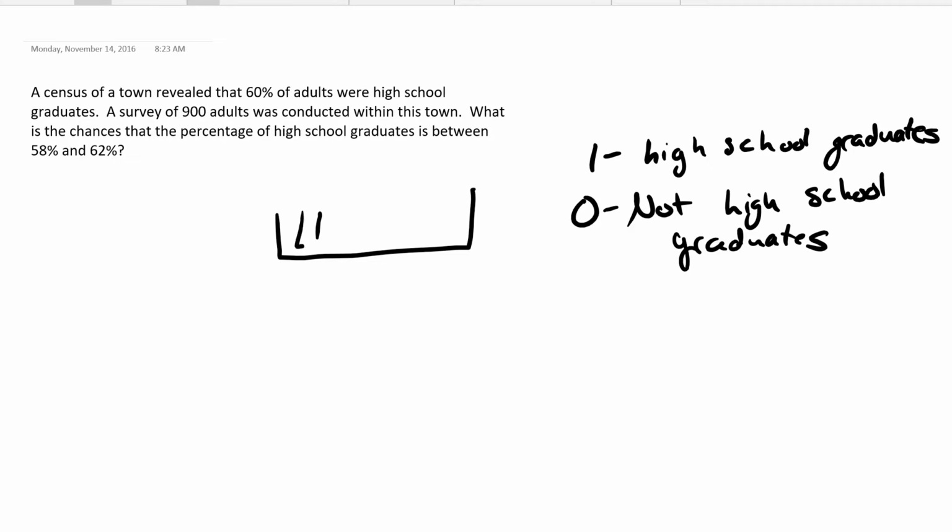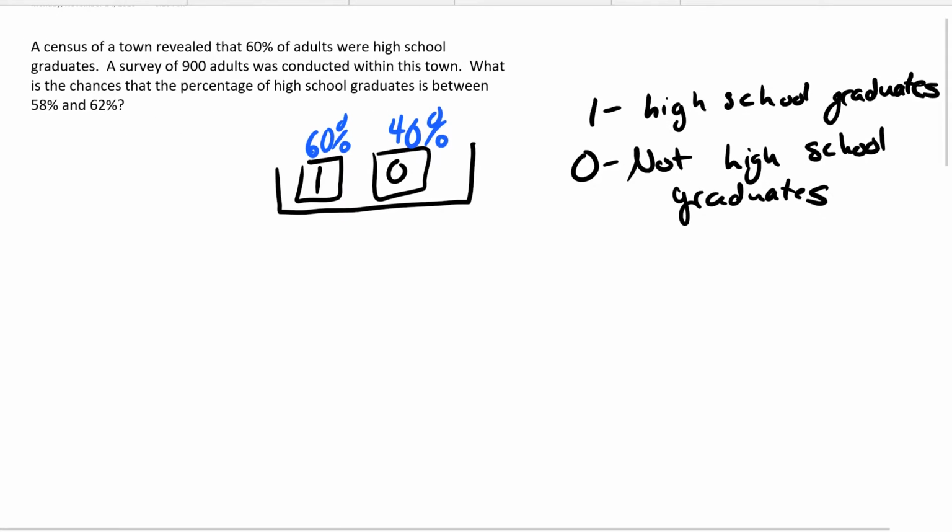Then, while we don't know how many people are in the box, we know that 60% of the box is 1s and 40% of the box is 0s, because the percentages should add up to 100. It may be surprising to realize that this is enough information to answer this question.